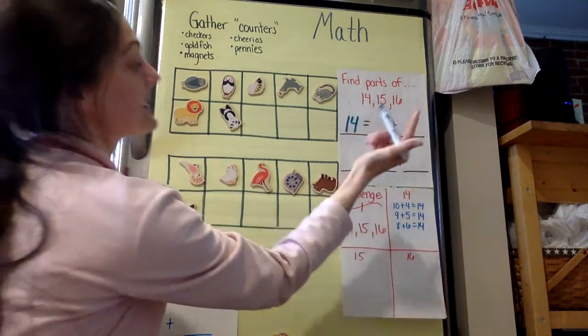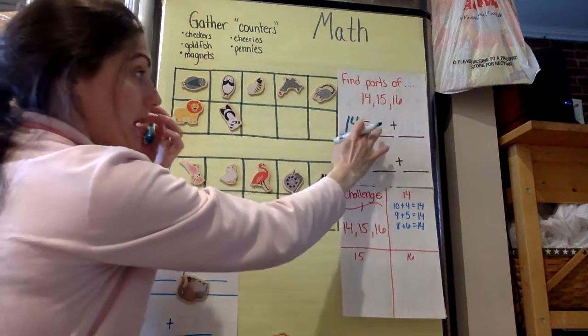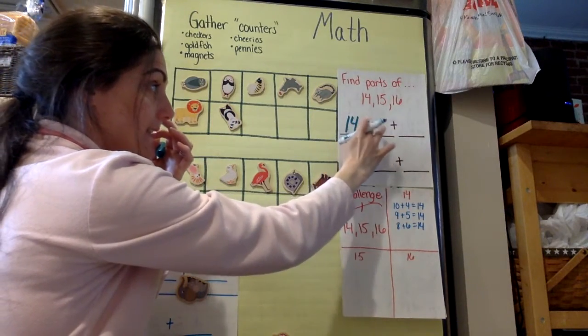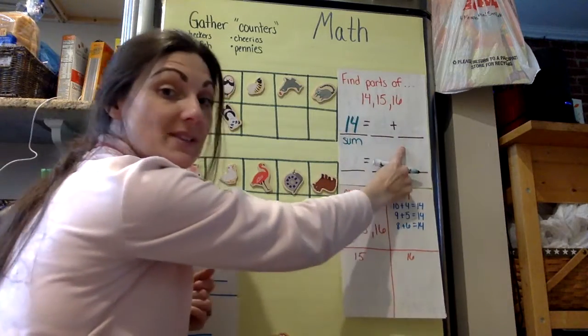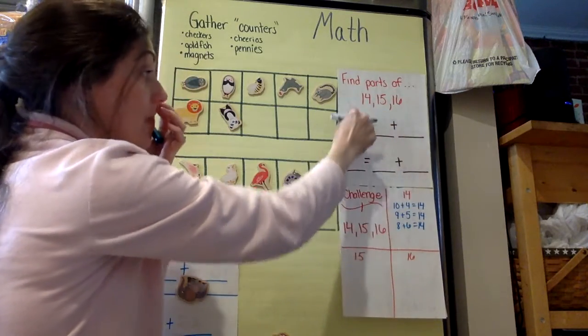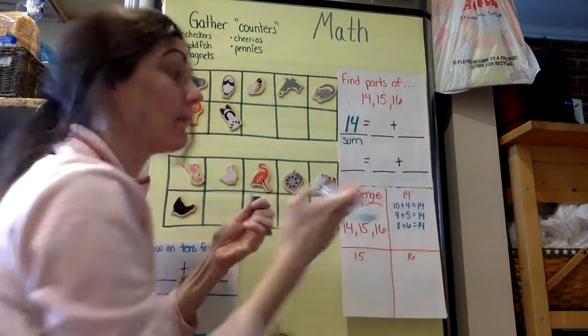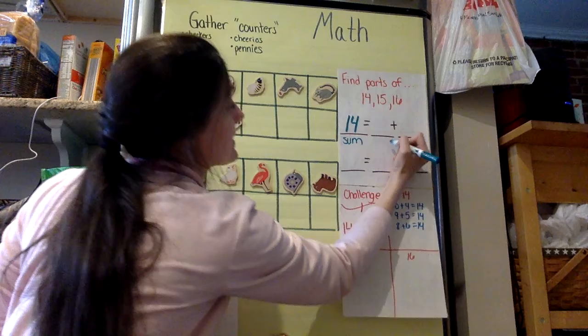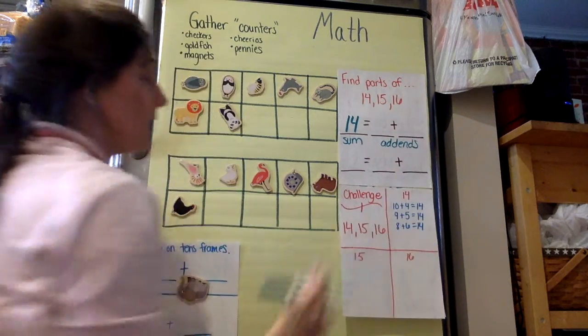Notice that my sum, I'm writing on the left side here, right? The equal sign means that what's on one side is the same as what's on the other side. So if it equals 14, whatever numbers I put here have to come up to 14, whatever add-ins I use. Remember, these are called my add-ins over here.